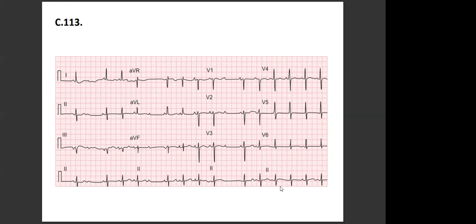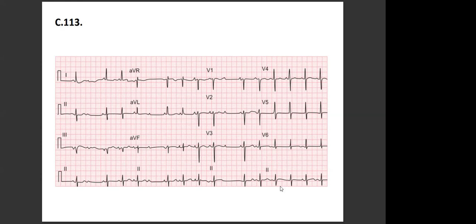And for the axis, when I check lead 2, it's almost equiphasic. And then AVL is perpendicular to lead 2. When I check AVL, it says around minus 30 degrees.